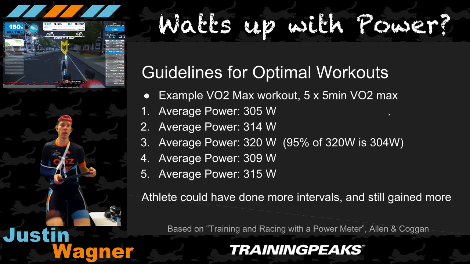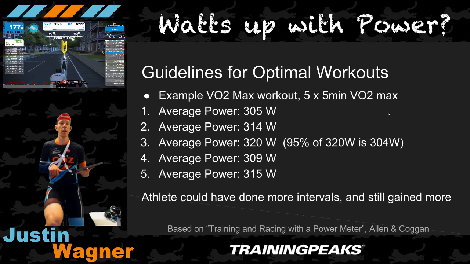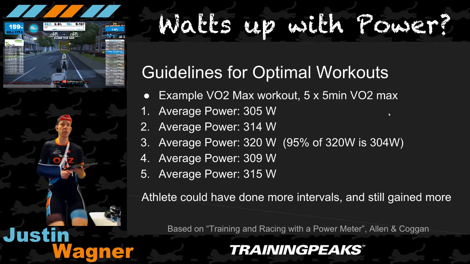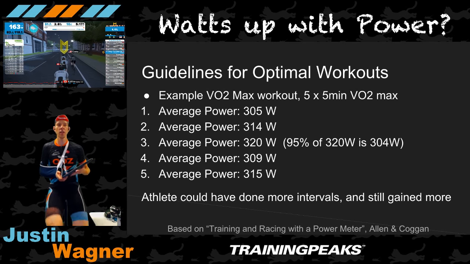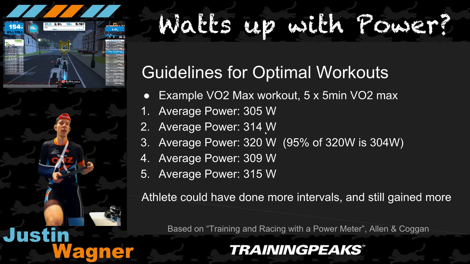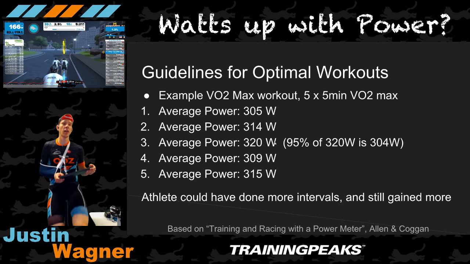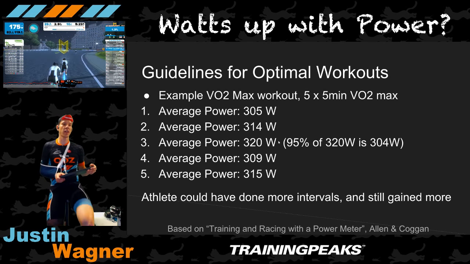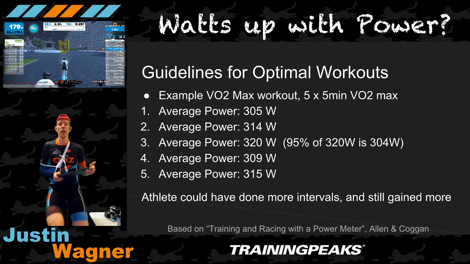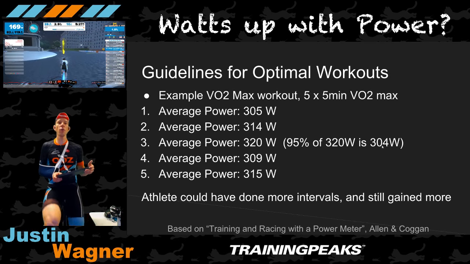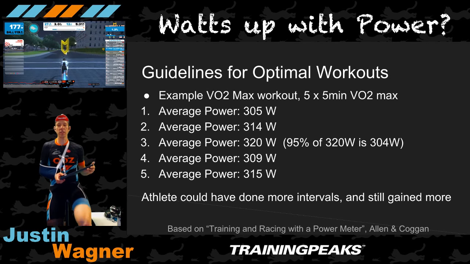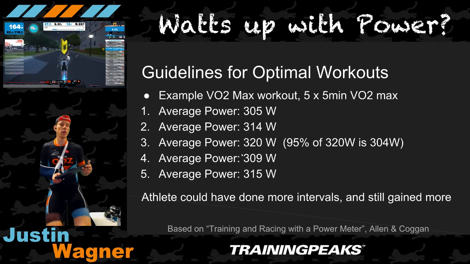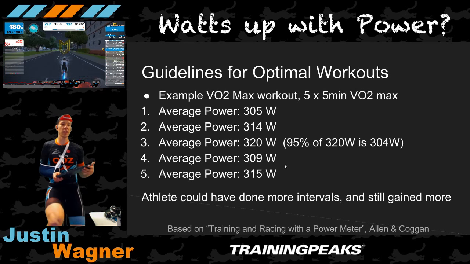So here's an example of a VO2 max workout. This is 5 by 5 minutes at VO2 max. This person's third set average power was 320. So this is saying, look, based on the chart, if they go below an average of 304 on any of the subsequent ones, that's probably time to stop. Well, they did 309, 315.